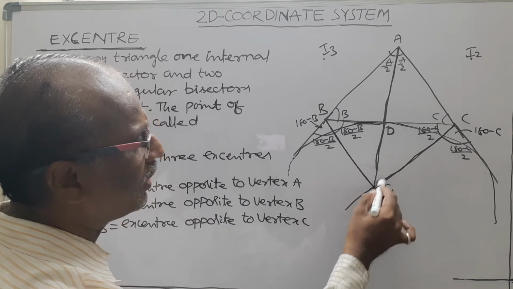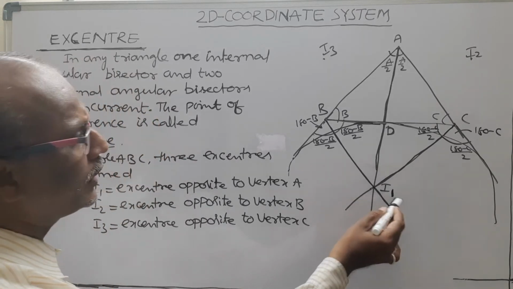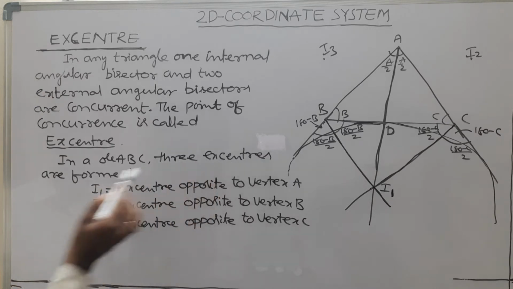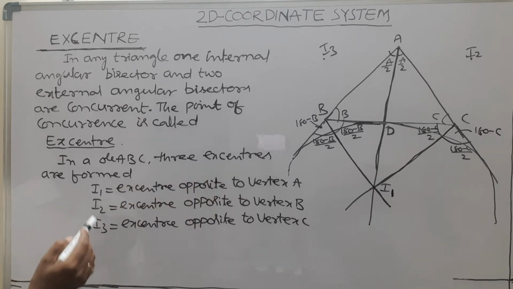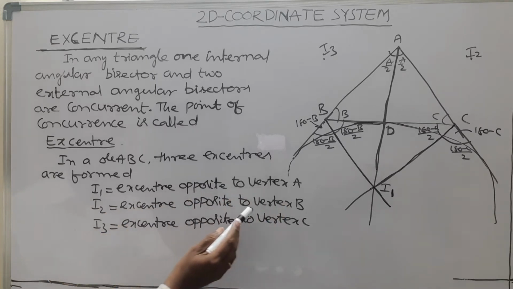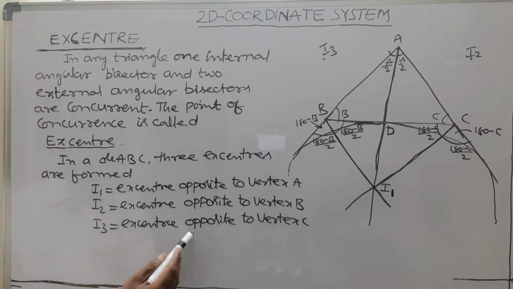The point of concurrence is called the excenter. It is denoted by I1. In a triangle ABC, three excenters are formed: I1, I2, I3. Here I1 is the excenter opposite to vertex A. I2 is the excenter opposite to vertex B. I3 is the excenter opposite to vertex C.